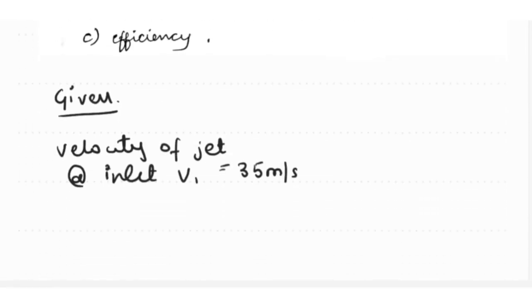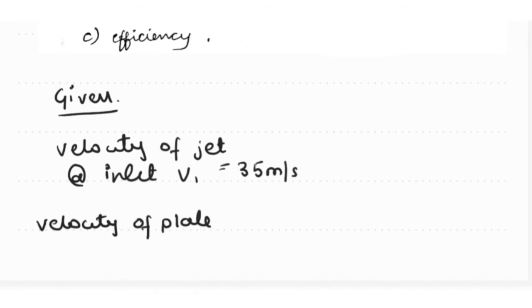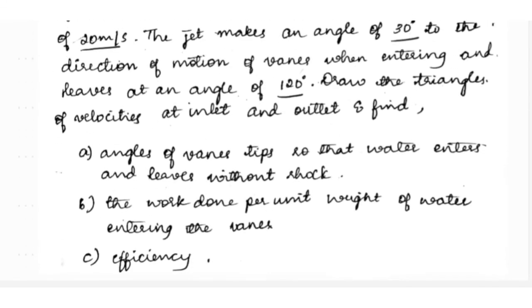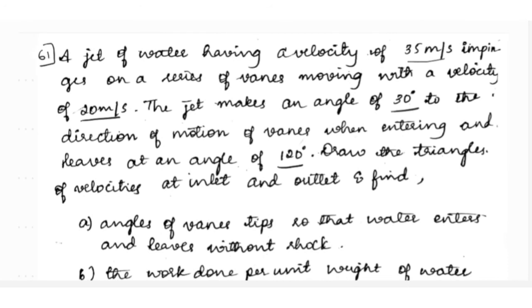So the velocity of the plate u1 is equal to u2 is equal to u is equal to 20 meter per second, and it makes an angle of 30 degrees to the direction of motion when entering, and it leaves with an angle of 120 degrees.